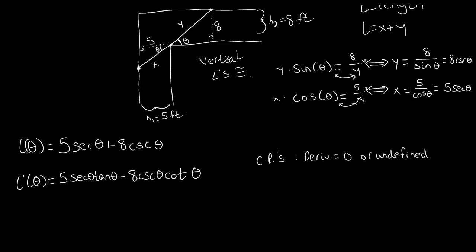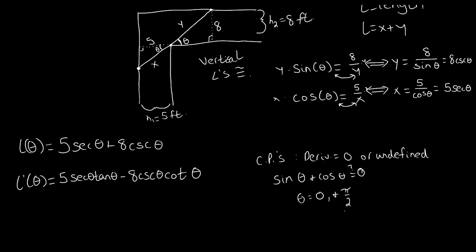But where do sine theta and cosine theta equal 0? Where do those happen? They happen at 0 and pi over 2, right? Either the positive x-axis or the positive y-axis.